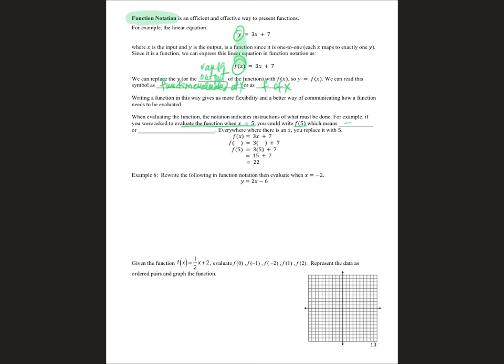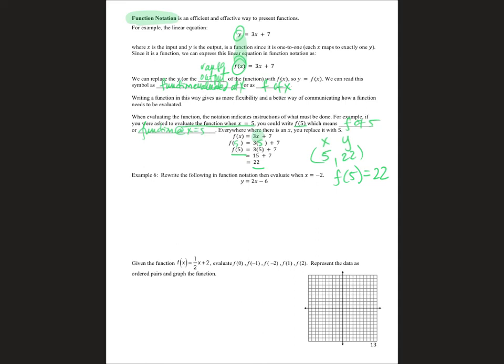That just means f of 5, or the function at x equal 5. So you're literally just replacing the x value with 5. That's it. That's not multiplication. This is function notation. So the function evaluated at x equal 5 has an output of 22. So when x equals 5, y is 22.